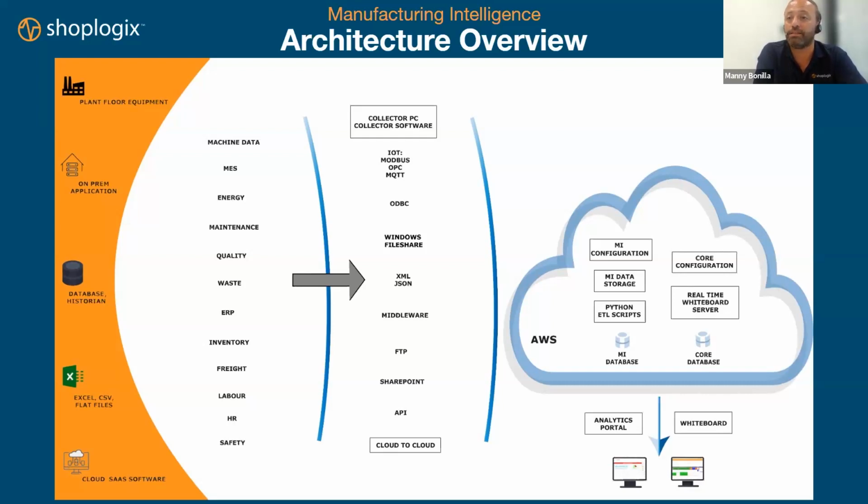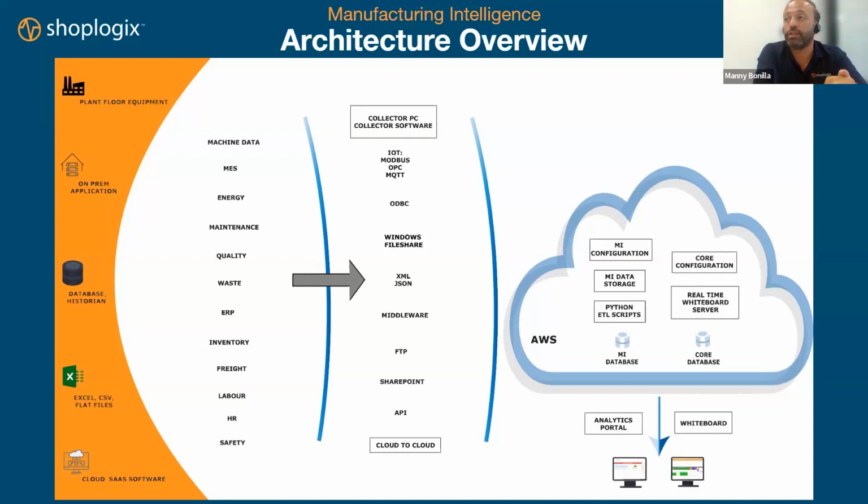Your maintenance team may have a maintenance work order product. Quality waste is also difficult, because sometimes it sits in the ERP or in other sources of data. You may have other data in your ERP that you would love to correlate with the real-time production of Shoplogix. Then you even get into things around inventory, freight costs, labor and labor costs, HR and safety.